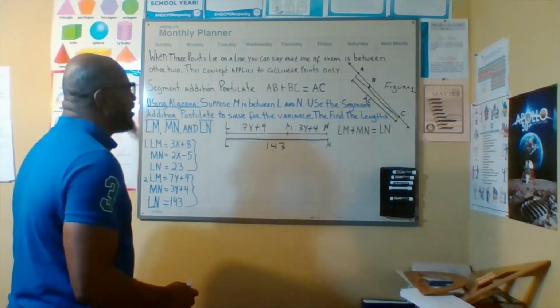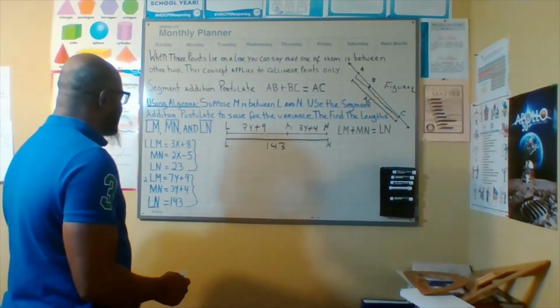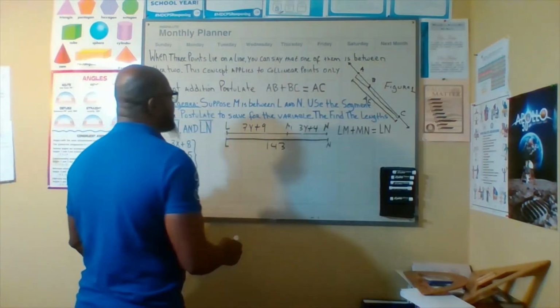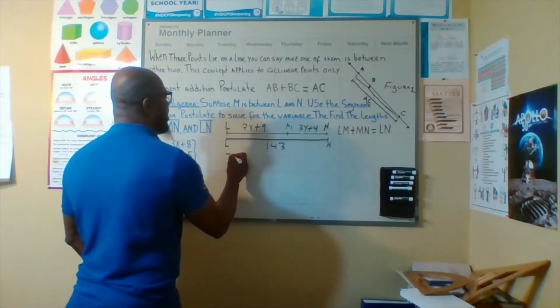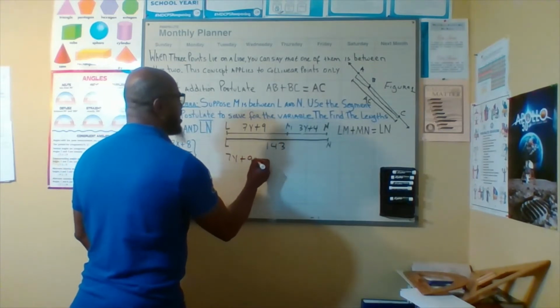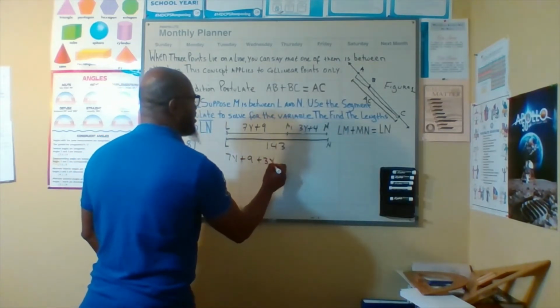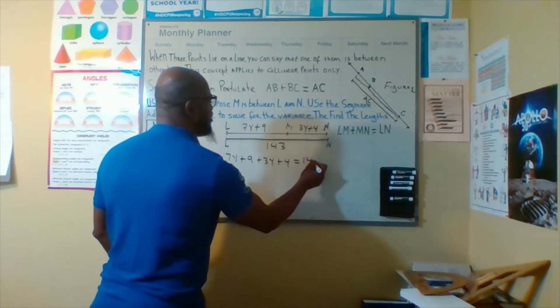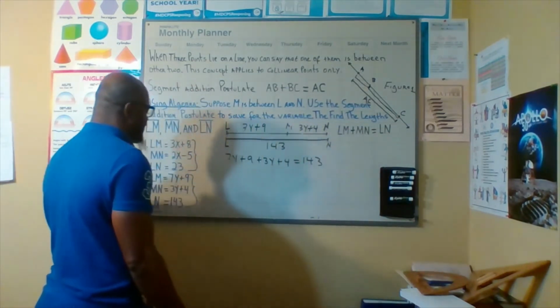Only thing that changed are the expressions. So you'll have 7y plus 9 plus 3y plus 4 is equal to 143.